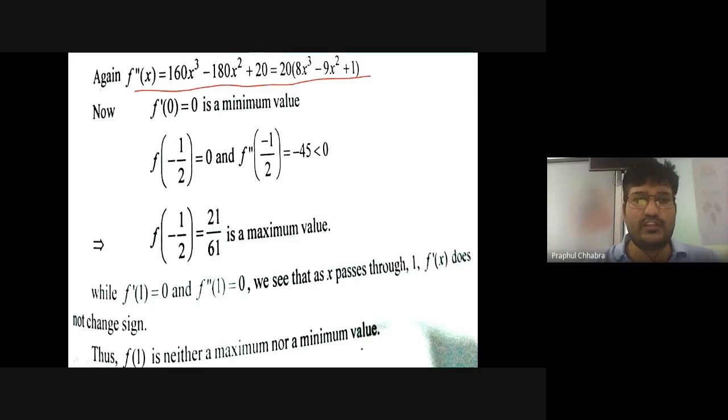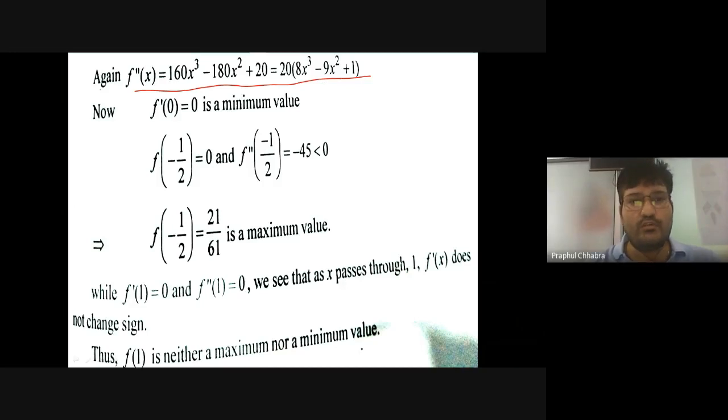Again, we differentiate f dash x with respect to x. We obtain 160x cubed minus 180x squared plus 20. If we take 20 common, it will be 20 times 8x cubed minus 9x squared plus 1. So basically, f double dash x is 20 times 8x cubed minus 9x squared plus 1.